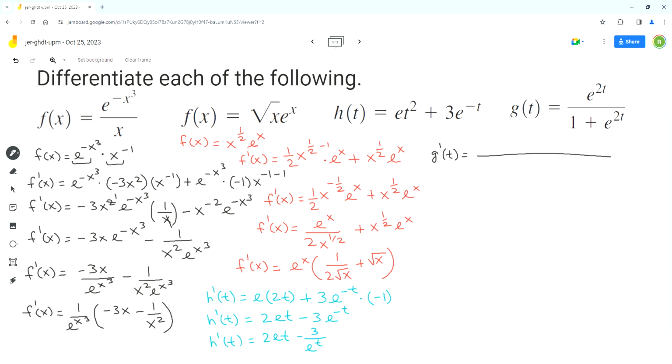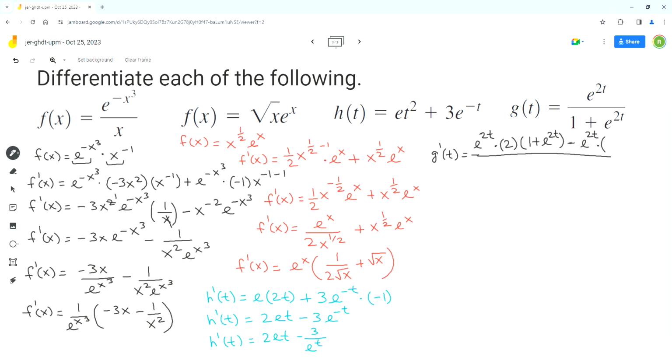The derivative will be the e term as it is given times the derivative of the exponent, so the derivative of 2t is just 2, times the denominator 1 plus e to the power 2t, minus the numerator, which is e exponent 2t, times the derivative of the denominator.